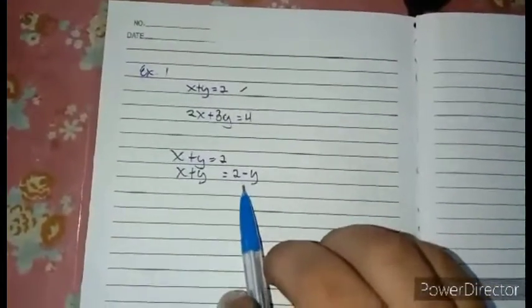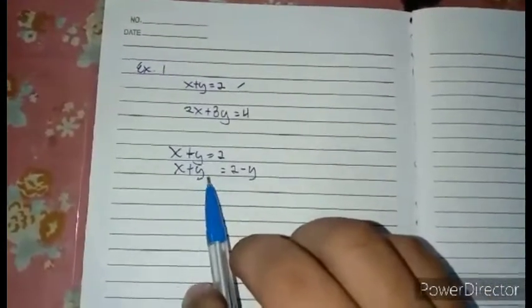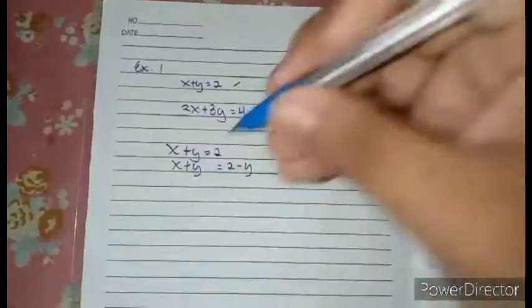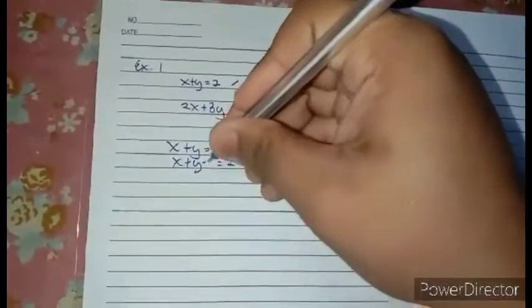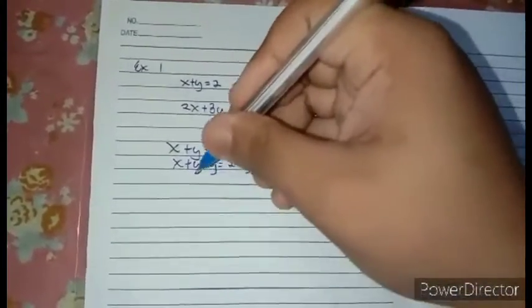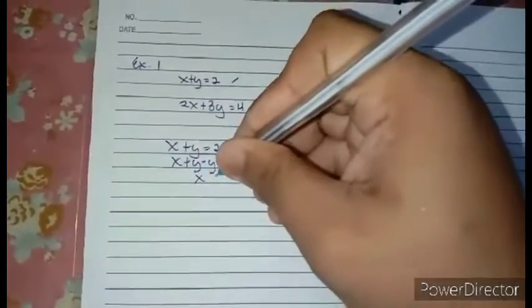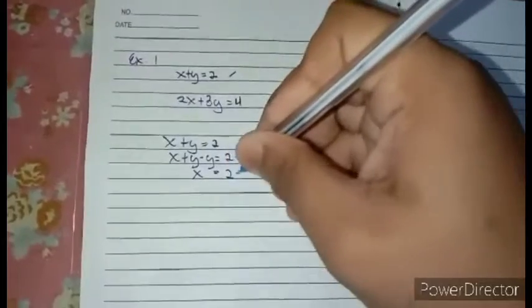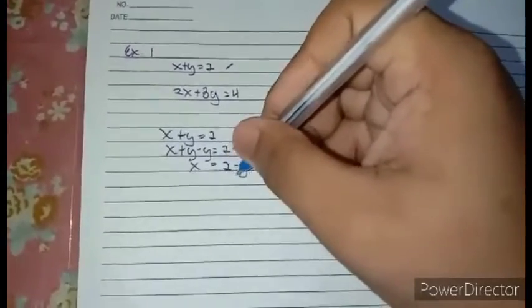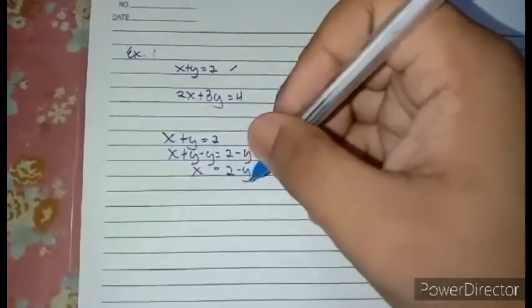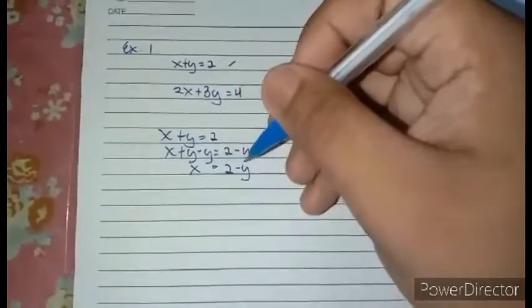We have the negative y here, and we also copy it to the other side of the equation. So this will be negative y, and there we get 0. So x equals 2 minus y. That is the value of x by using the first equation.